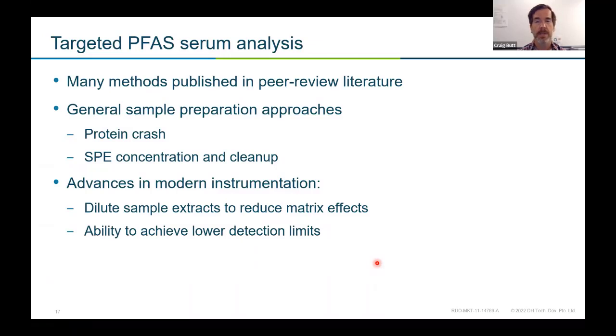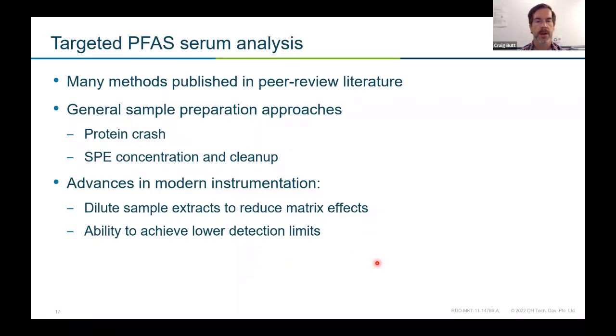There are a lot of techniques, I would say, that are published in the peer review literature. A lot of really good methods that are out there. Not really one that I would recommend above another. Part of it depends on the sort of detection limits that you're trying to get, as well as the volume of serum that you may have accessible.